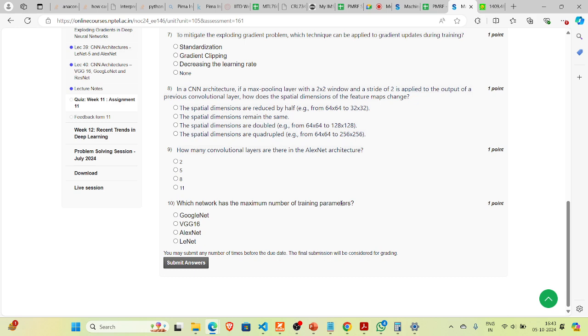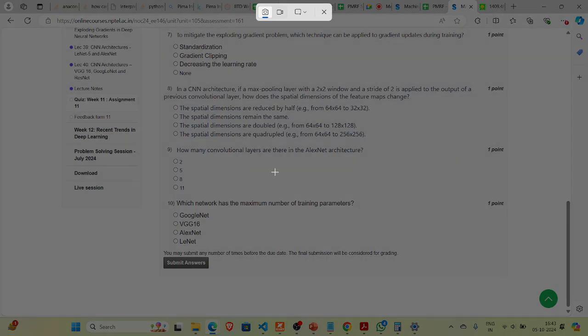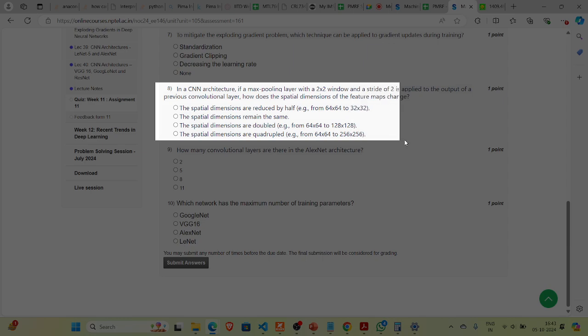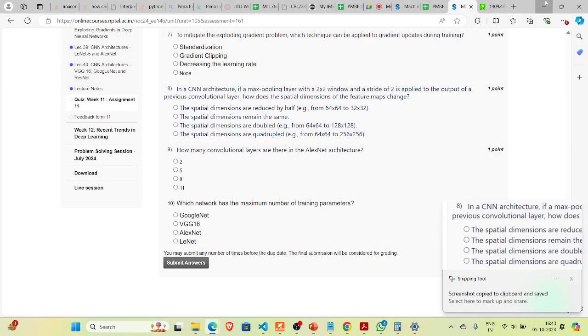Next, we're understanding what the importance of stride is, and what stride does. Again, not a very hard problem.